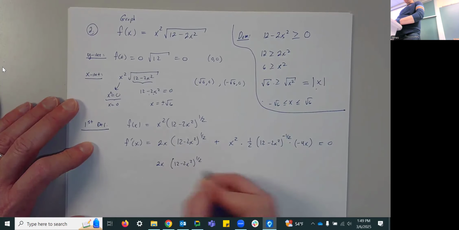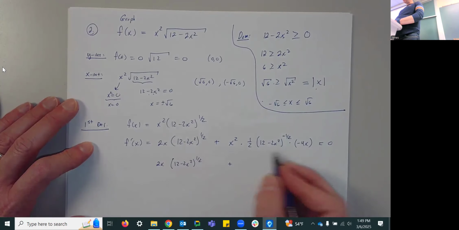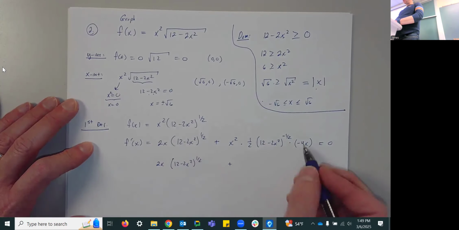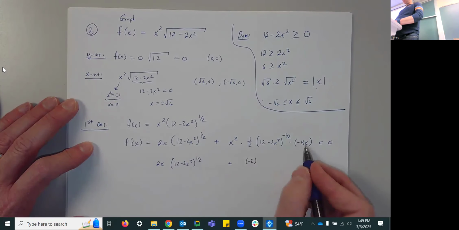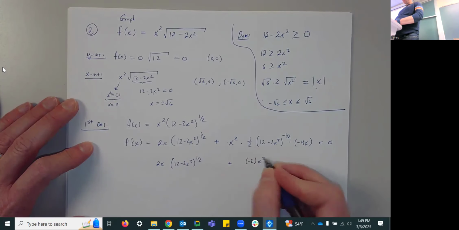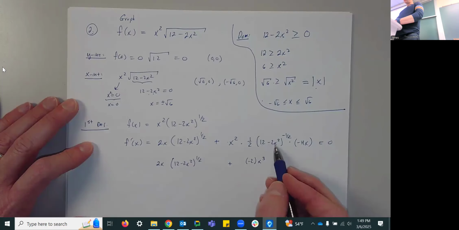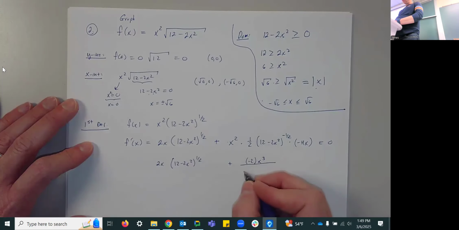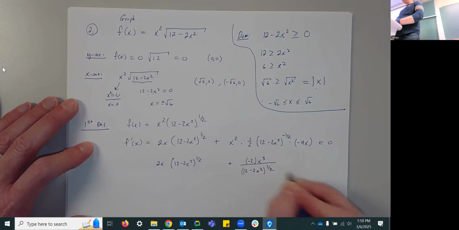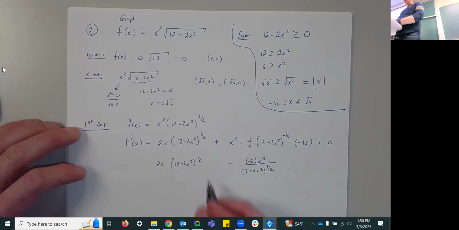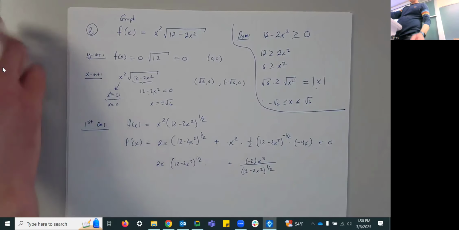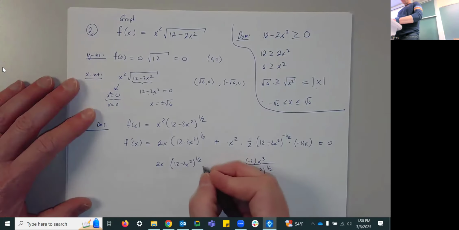I'm going to leave myself some space next to it, plus I'm going to rewrite this as negative 4 divided by 2, which is negative 2, x times x squared is x cubed. Instead of writing it as (12 minus 2x squared) to the negative 1/2, I'm going to write it over (12 minus 2x squared) to the positive 1/2. And then I'd really like to have a common denominator, so I'm going to multiply this piece over here by (12 minus 2x squared) to the 1/2 over the same thing.